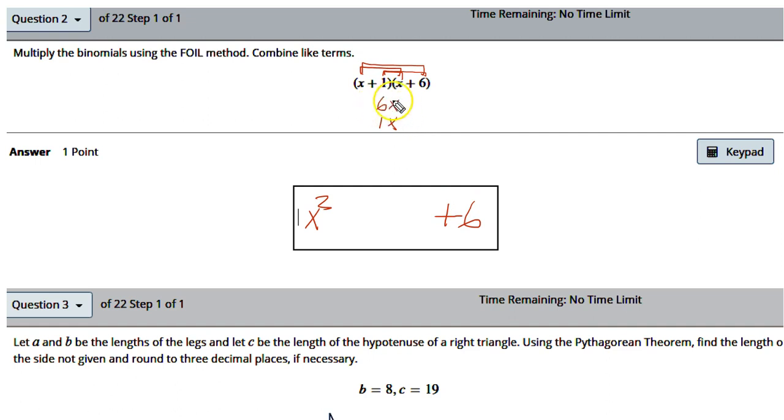Now we're going to add our two, the outer and the inner terms, and this gives us +7x. Now you could have written it out all horizontally, but generally speaking, your inners and outers are like terms, so you have to do something with it. So hopefully by this time you have a way to deal with it.